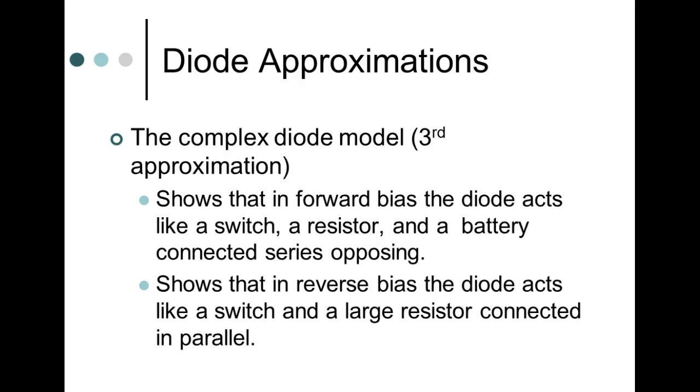That means the second approximation is usually just fine for everything that we do. It's going to get us in the ballpark, so if I calculate a voltage and then make a voltage measurement, the measurement will never be exactly the same, but it's going to be close, so I know whether it's right or wrong. Everybody understand that?